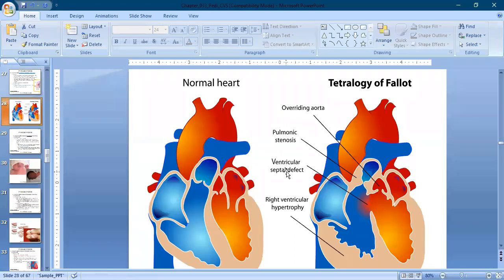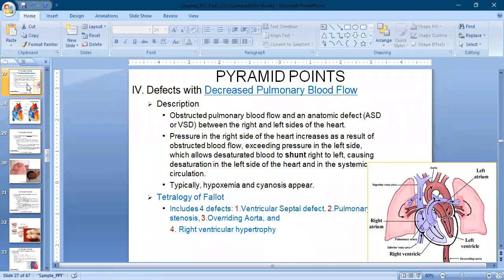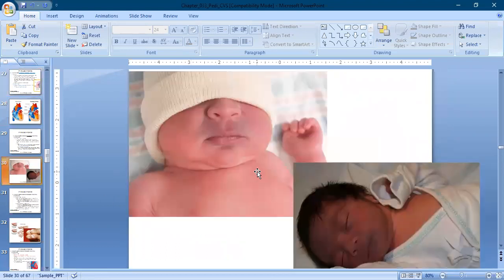The key symptom is that the baby has cyanosis or hypoxia. Hypoxia means less oxygen supply to the blood.